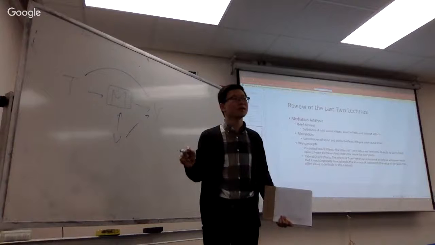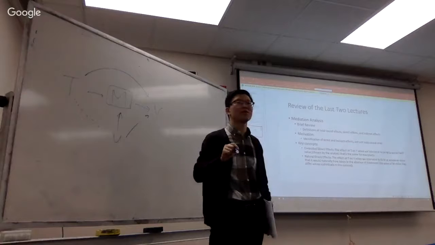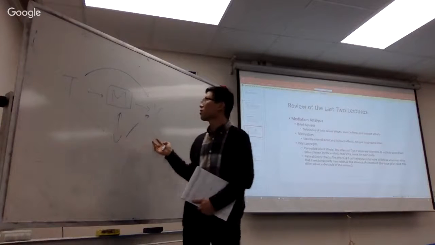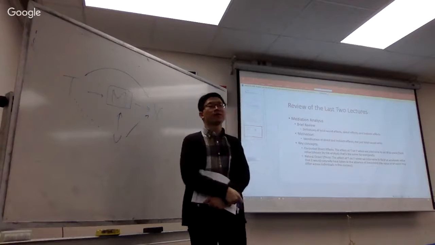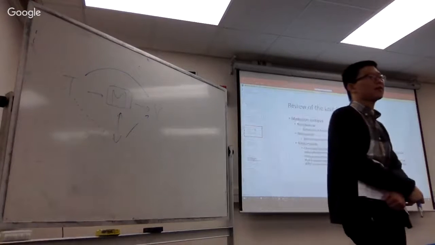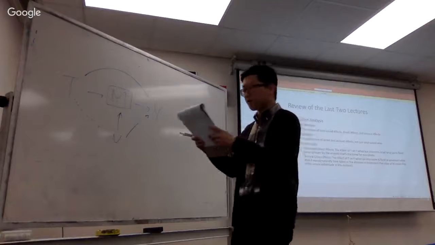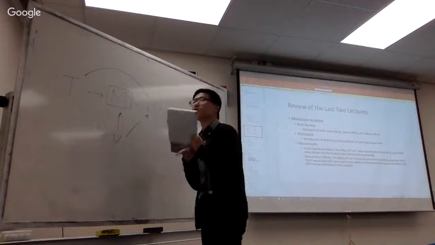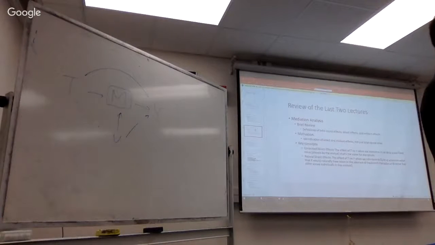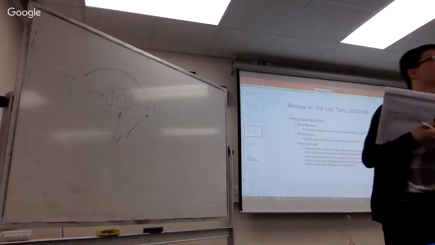But the problem is there should be a spurious relationship between T and U. So that leads to the failure to identify the direct effect of T on Y. That is our problem. So even when the total causal effect can be identified, the direct effect sometimes cannot be identified.